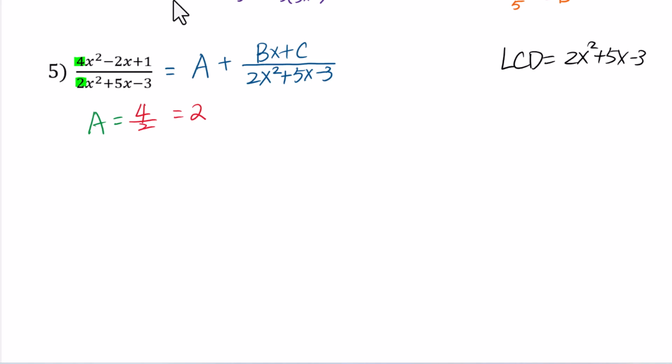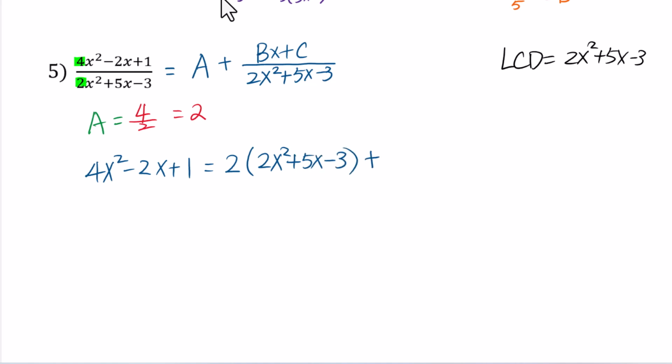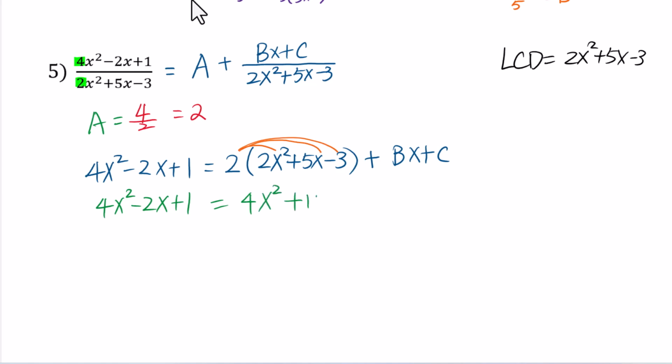Both sides times LCD. We got 4x squared minus 2x plus 1 equals 2 times 2x squared plus 5x minus 3, plus bx plus c. Distributive property. 4x squared minus 2x plus 1 equals 4x squared plus 10x minus 6 plus bx plus c.